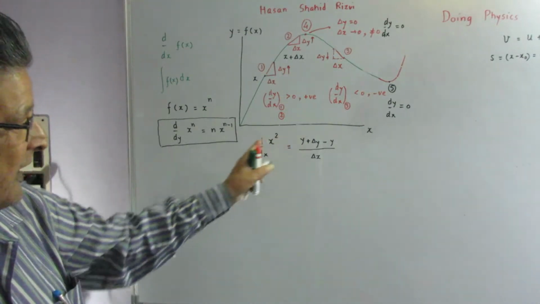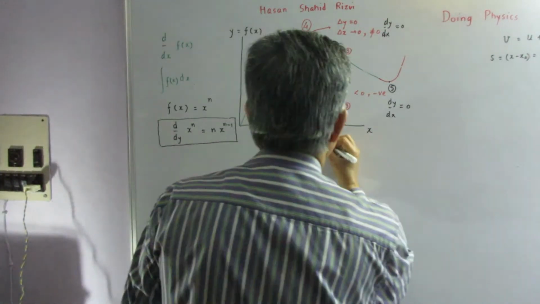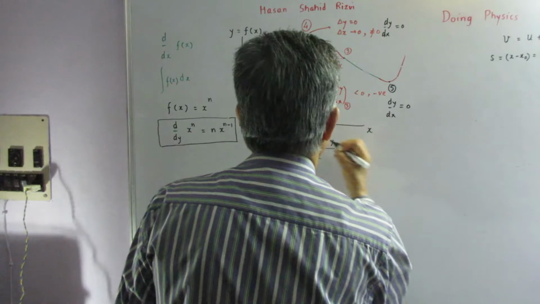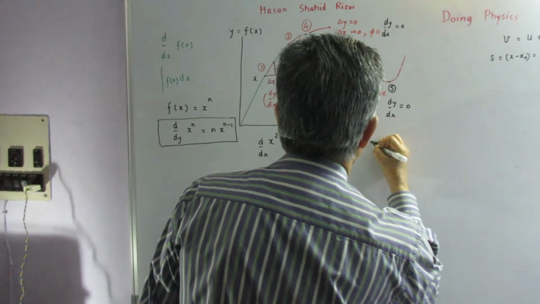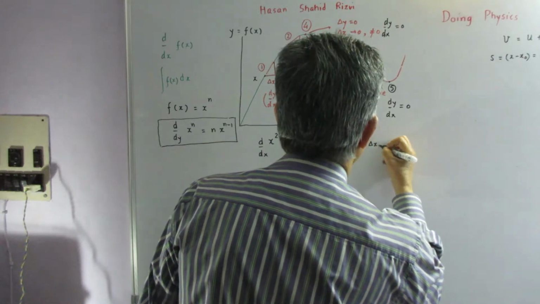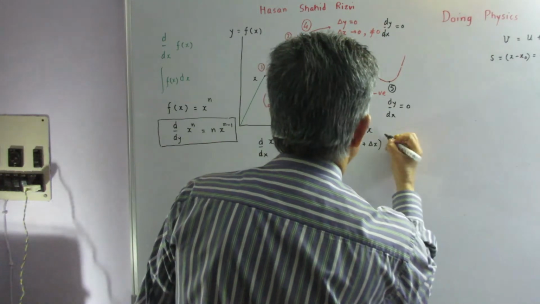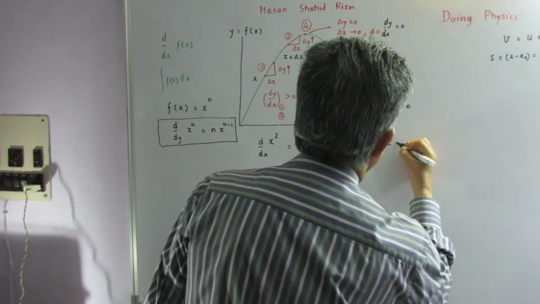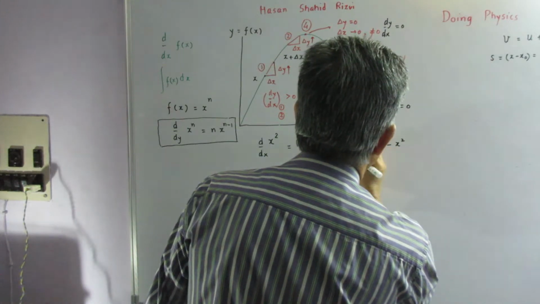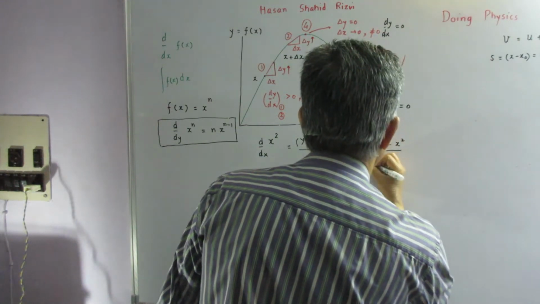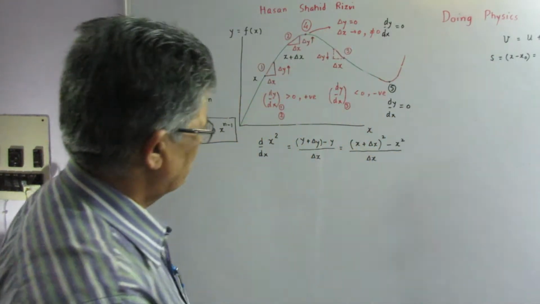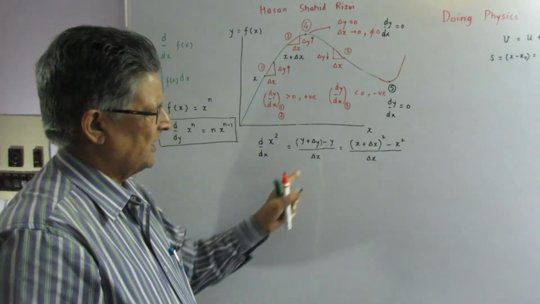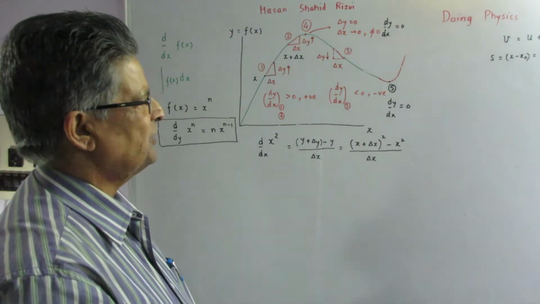Okay, so for y plus delta y I'll write (x plus delta x) whole square minus x square, upon delta x, and the condition is again the same, that delta x tends to 0, is very, very small.